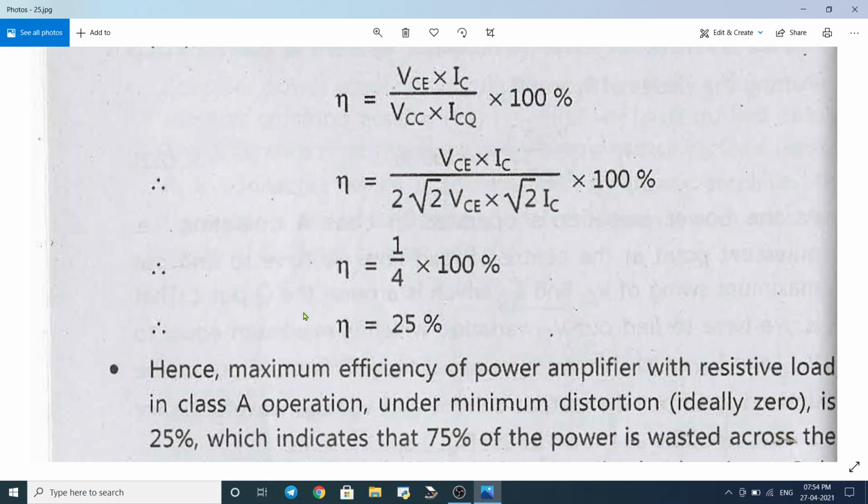So in all, this is important. The efficiency of class A power amplifier with resistive load is 25%.